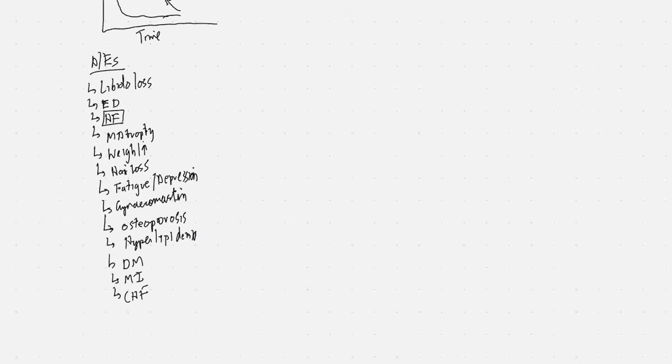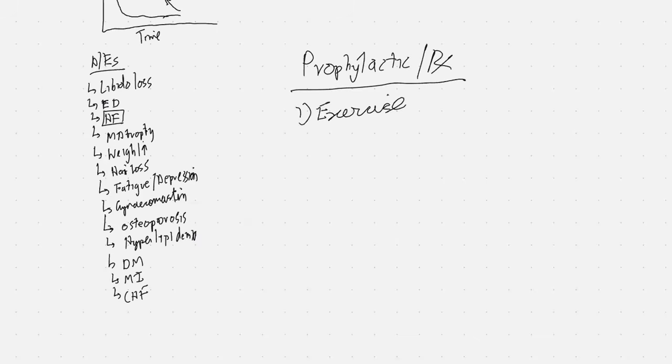Okay. So now, what are the prophylactic measures or treatments we can take? Okay. So number one thing is exercise. So mild to moderate exercise, especially if the patient doesn't have, you know, bone mets or metastatic disease that makes them vulnerable.